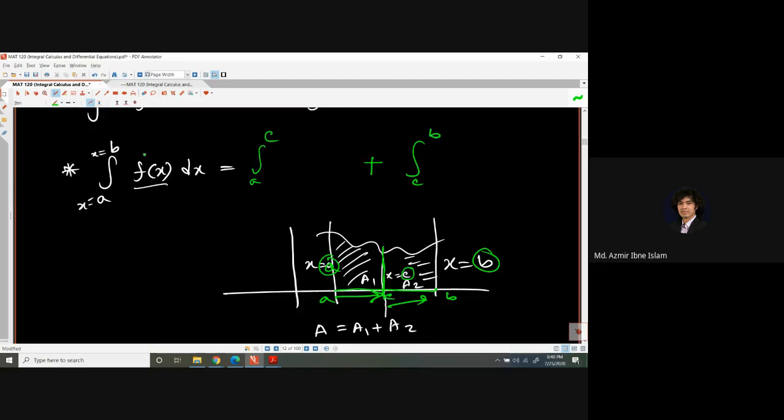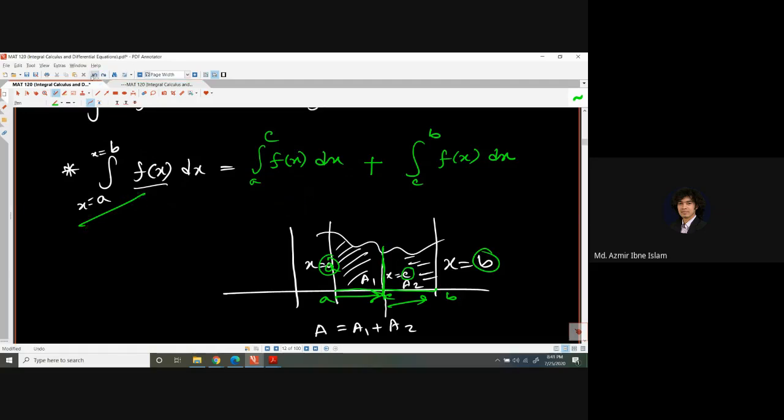So this is how we can think about it. The function is the same, f of x. So integration from A to C of f of x dx, plus integration from C to B of f of x dx. Whatever result you find for the left side, the same result will be found for the right side.